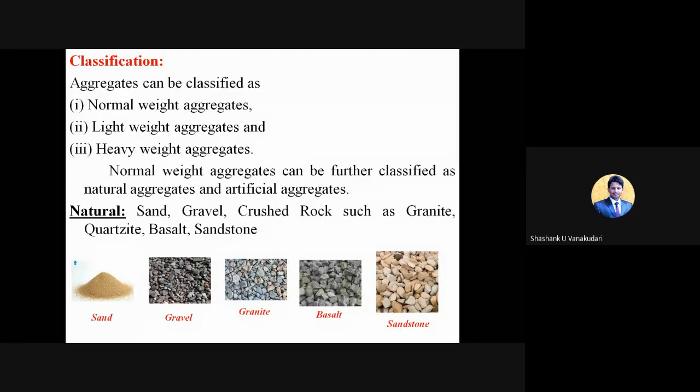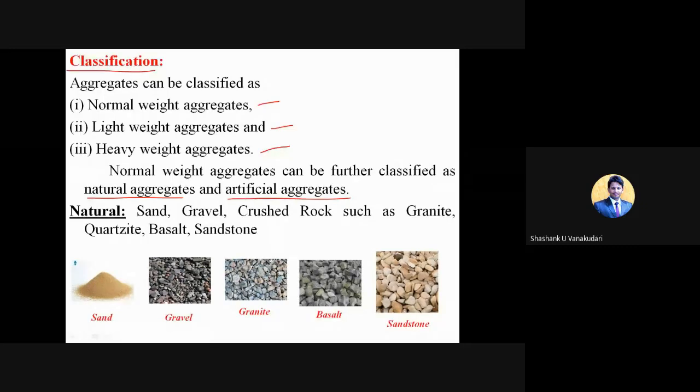Yeah. So basically, you know these concepts, the classification: aggregates are classified as normal weight aggregates, lightweight aggregates, and then heavyweight aggregates, depending upon the weight per volume. We have divided them in various aspects. And normal weight can be further classified as natural aggregates and then artificial aggregates.